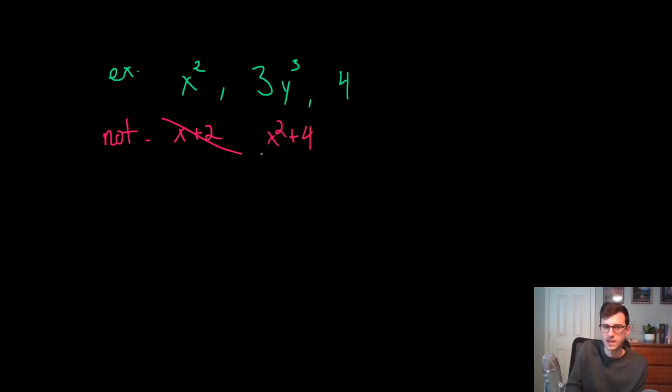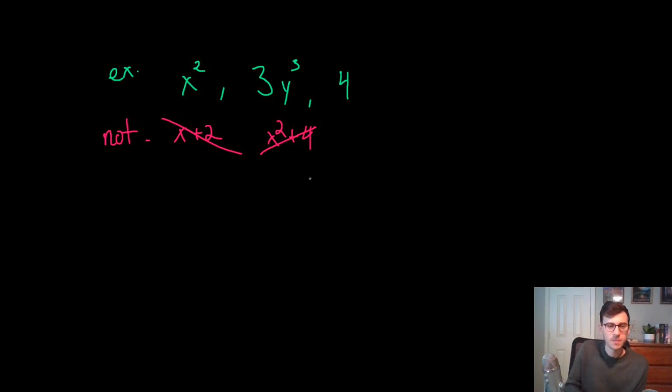An example of a monomial: x squared would be a monomial. 3y cubed would be a monomial. 4 is a monomial. Things that are not monomials would be like x plus 2. That's not a monomial. Or x squared plus 4. That's not a monomial.